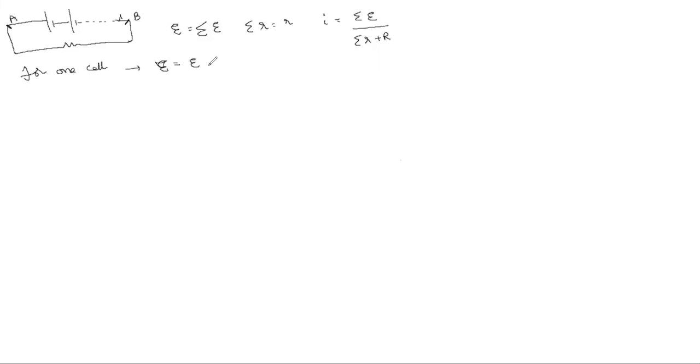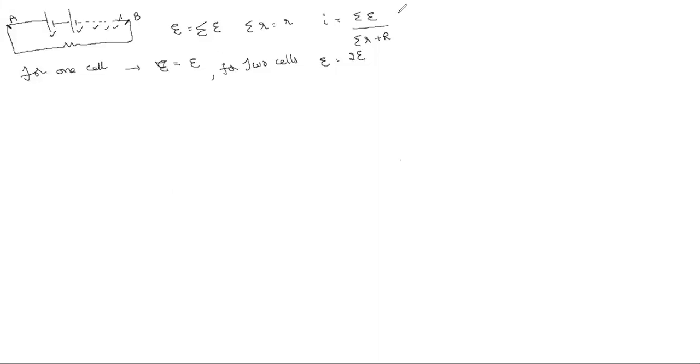If I take two cells, I can write E equals 2E. I think you are following my logic here. If you increase the number of cells between A and B, the total EMF is increasing. Am I right? Yes, sir.